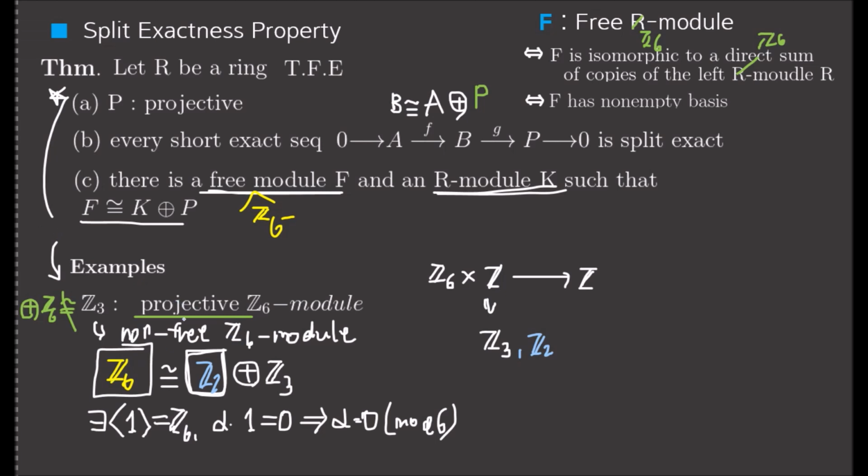So because we can find a free module F and an R-module K and express this, G3 is clearly a projective G6 module. Note that again, G3 is a non-free G6 module. In spite of this non-free state, we can decide using this theorem that G3 is a projective G6 module.